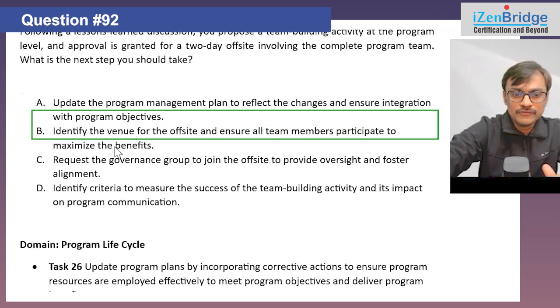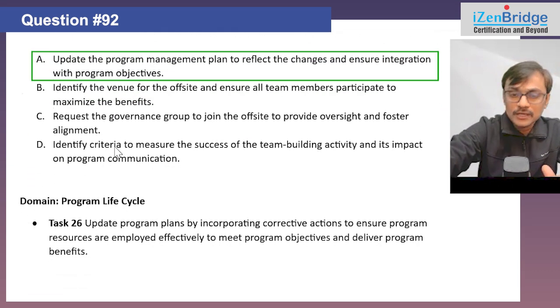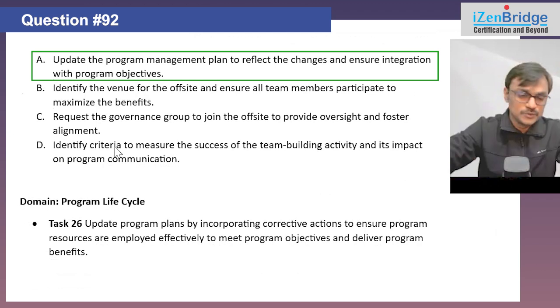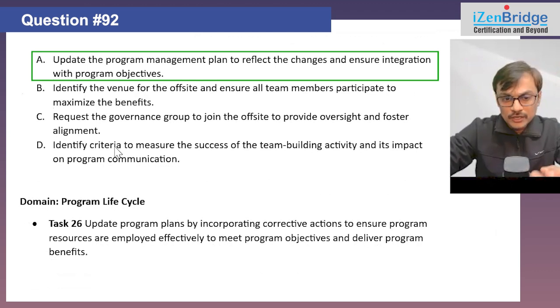This can be well understood with the help of task number 26 of your program lifecycle, which clearly tells update program plan by incorporating corrective actions to ensure program resources are employed effectively to meet program objectives and deliver program benefits. So whenever you have a corrective action based on an issue or a lesson learned, I need to make sure that I update the desired component of the program management plan.